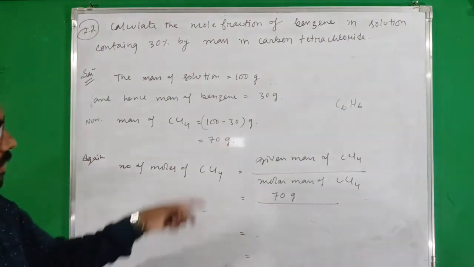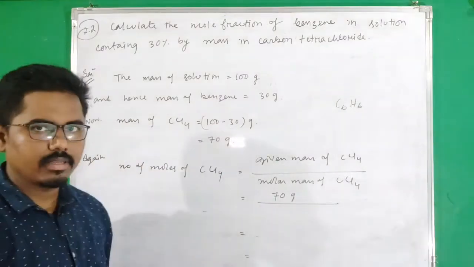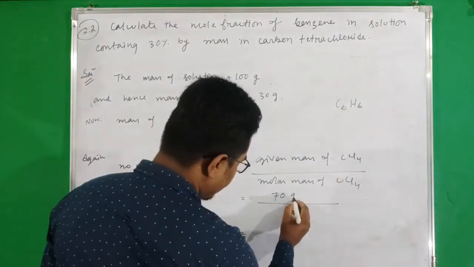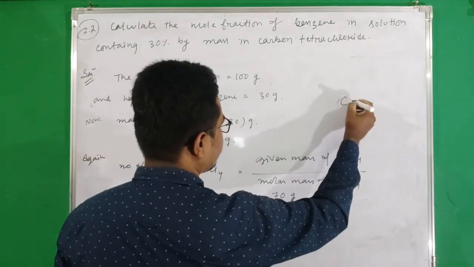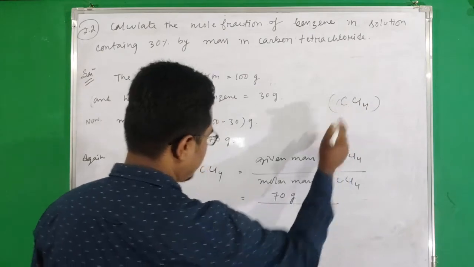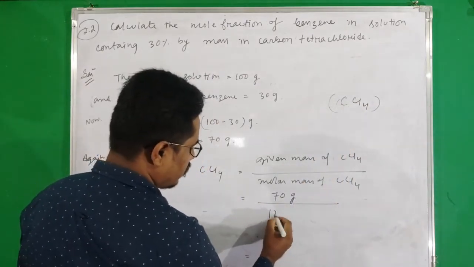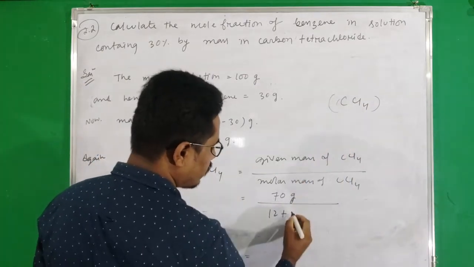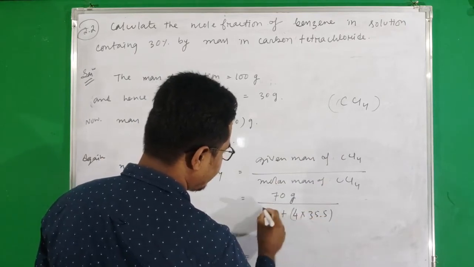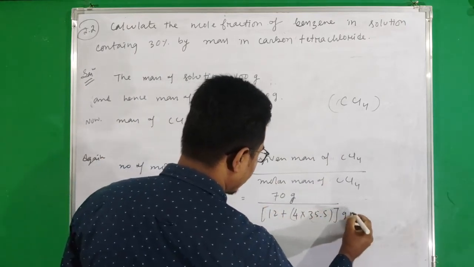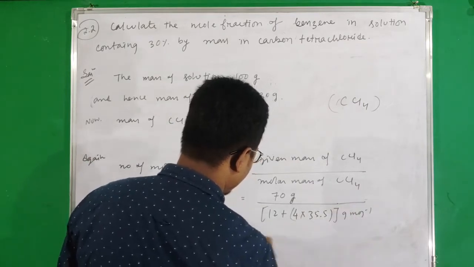We already determined that the given mass of carbon tetrachloride is 70 gram, and the molar mass of carbon tetrachloride, which is CCl4, will be 12 plus, there are 4 chlorine, 4 into 35.5, gram per mole.